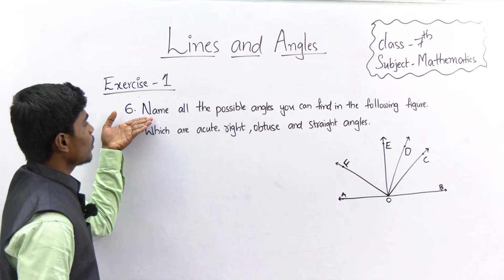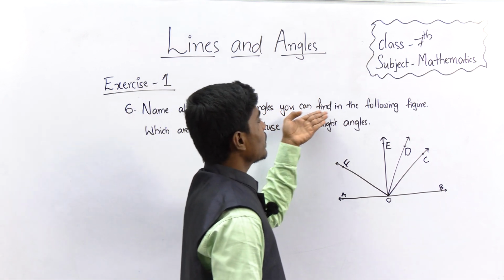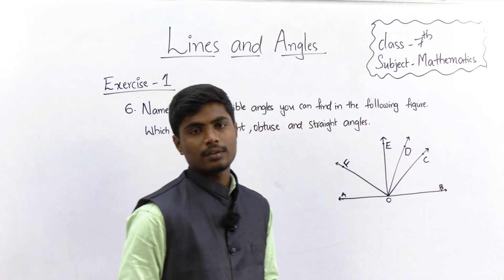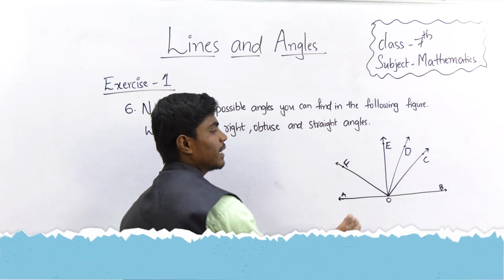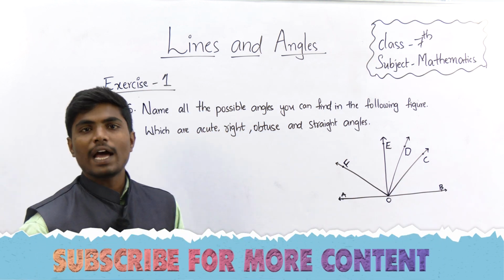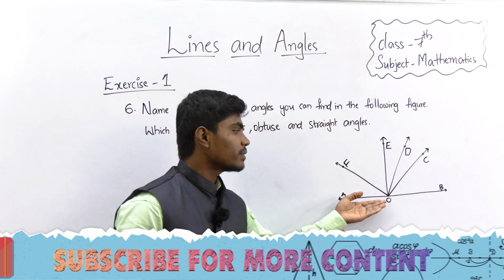Now, in the sixth problem, name all the possible angles you can find in the following figure. See, here he gave one figure, and in this figure there are some angles. We have to write the angles which are possible in this figure.